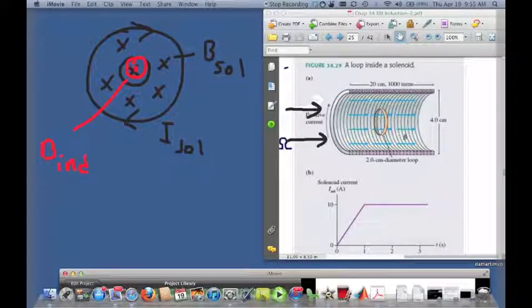For a coil to have a magnetic field that is pointing out of the coil like that, the current will have to flow this way. This is the direction of the induced current. So on this diagram, the current goes up on this side and goes down on the other side to oppose the changing flux, which is going to the right and is growing.